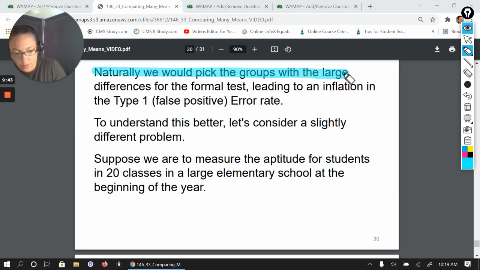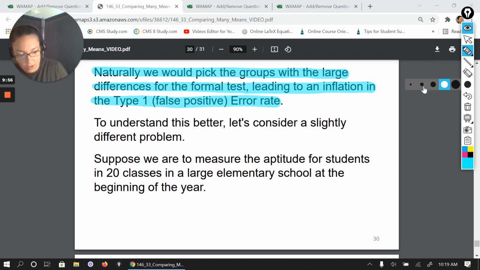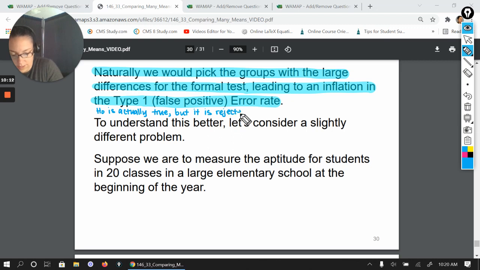Naturally, we would pick the groups with the large differences for the formal test, leading to an inflation in the type 1 or false positive error rate. Remember that a type 1 error is when the null hypothesis is actually true, but we end up rejecting it.